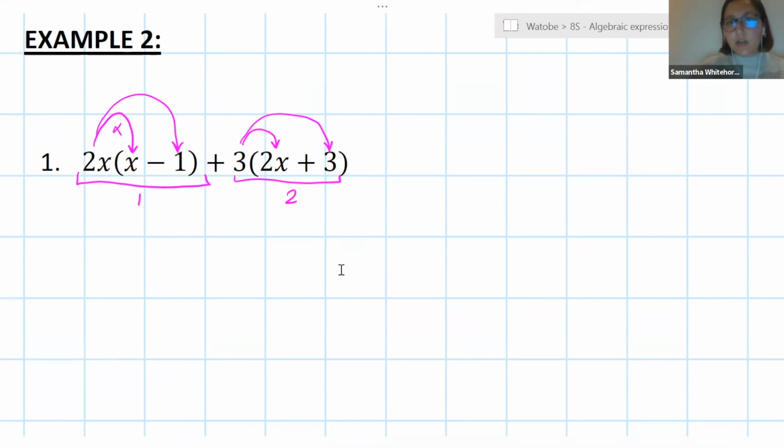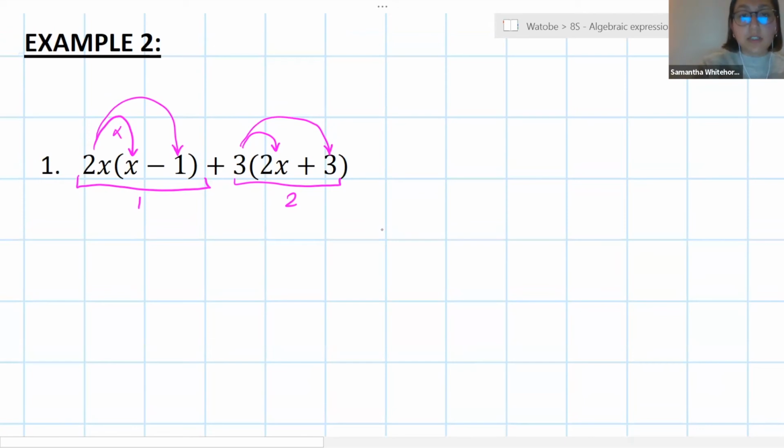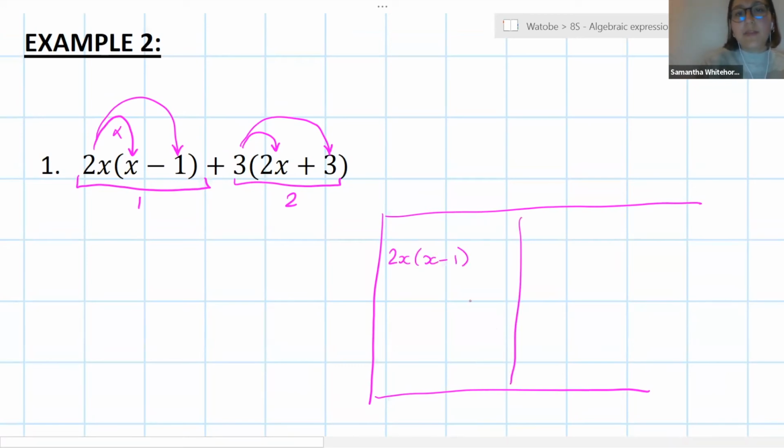Right, and guys, just to help you a little bit so that you know what you're multiplying, I'm just going to write down the products that you need to be looking for here, because what we need to be careful of here are those exponents again. If we're going to look at the first term, which is 2x times x minus 1, then what we need to remember is that what we're multiplying is 2x times x, and then 2x times negative 1.